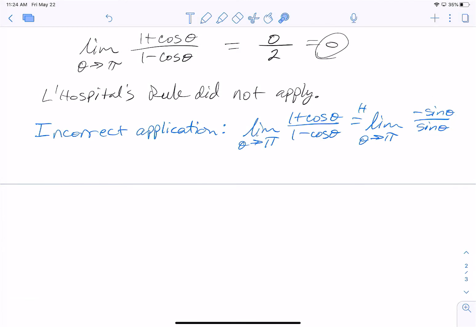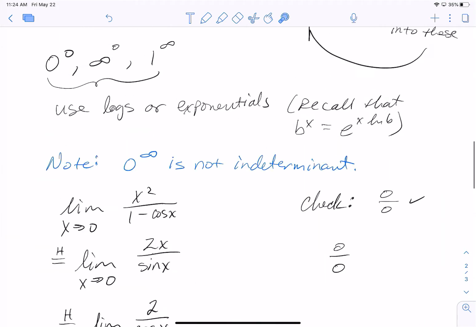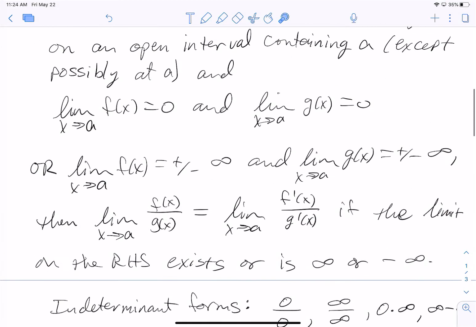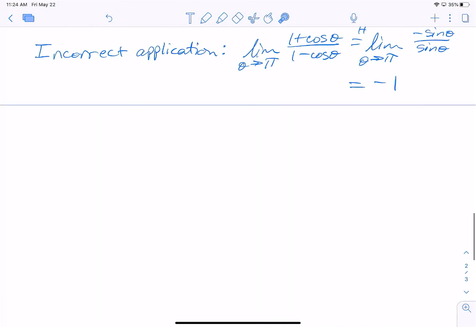Dividing will give me a negative 1. So while the true limit is 0, this incorrect application of L'Hopital's rule yields a limit of negative 1. Therefore, we can see they don't match. And we go back to the statement of L'Hopital's rule. If both functions have a limit of 0 or infinity, then I can apply L'Hopital's rule.